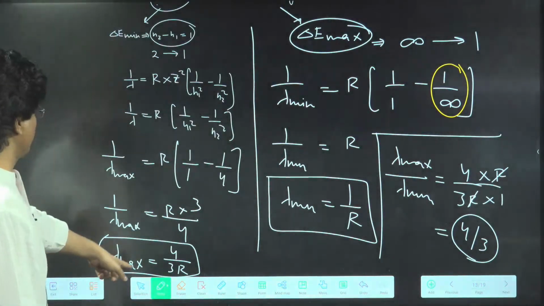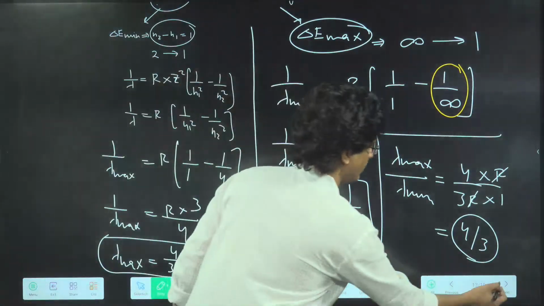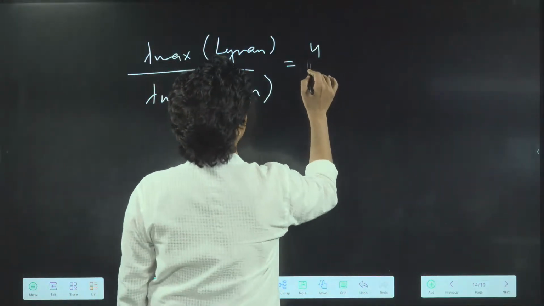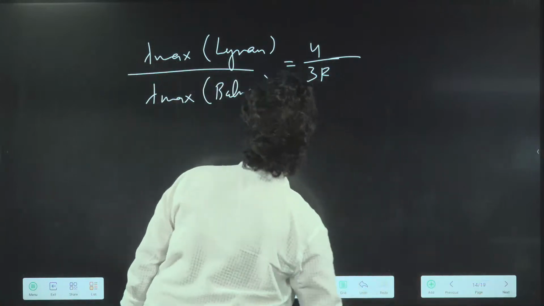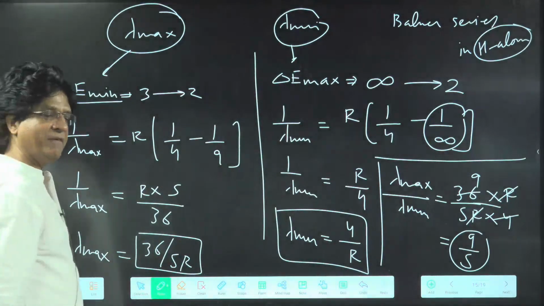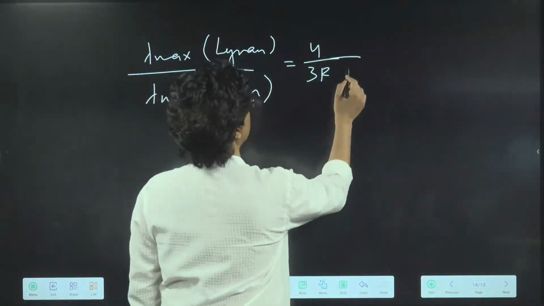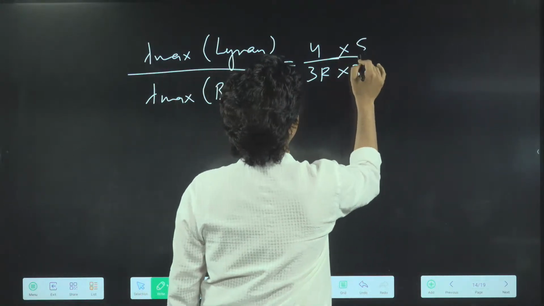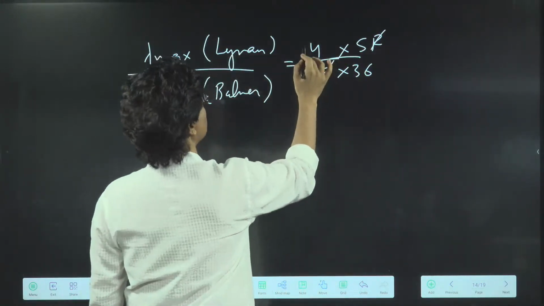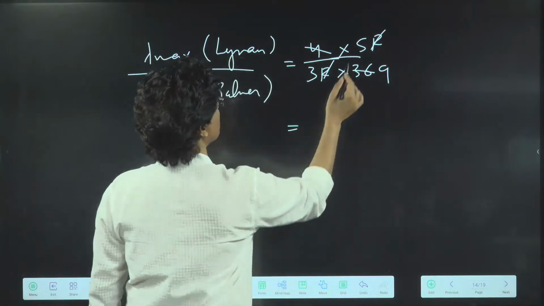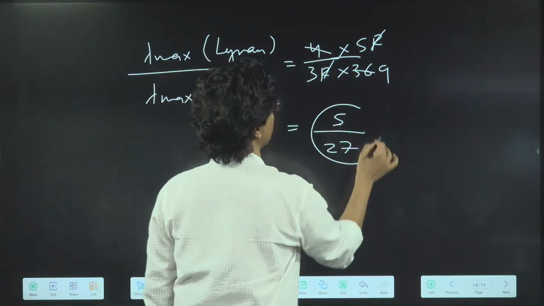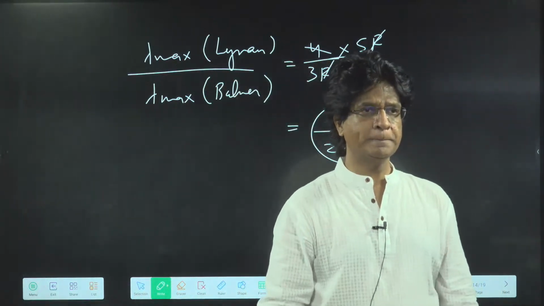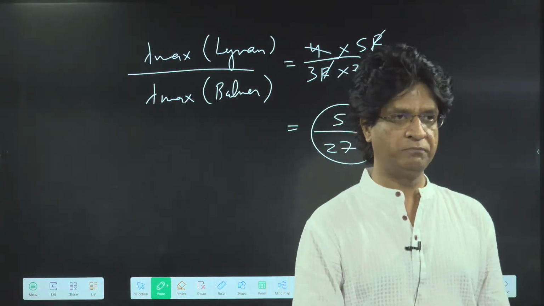Lambda max of Lyman is 4 by 3R. And lambda max of Balmer is 36 by 5R. R cancels, 4 and 9, and this will be 5 upon 27, since 3 nines are 27. So 5 by 27. Yes or no? Good. Durga Prasad, wow, very good.